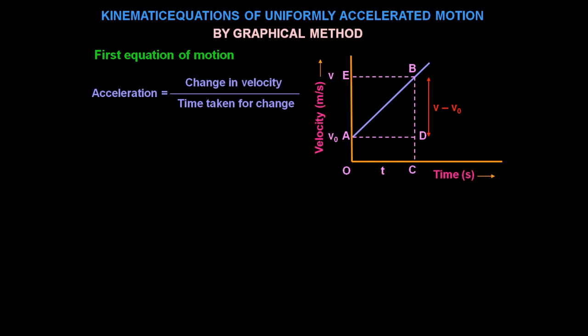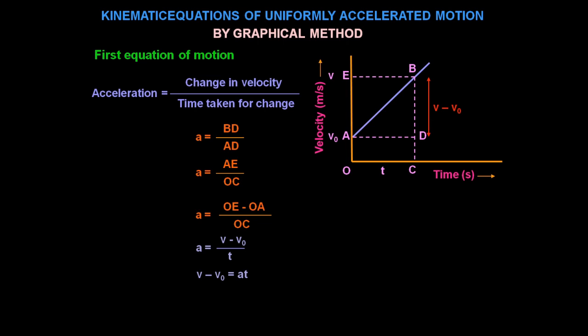Then by the acceleration formula, change in velocity by time, a is equal to bd by ad, and a is equal to ae by oc, since bd value is equal to ae value and ad value is equal to oc value. If we write ae as oe minus oa, which is our ae value, by oc, that is equal to v minus v naught by t, which is our acceleration.